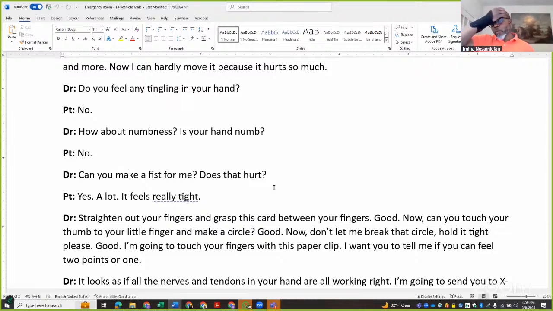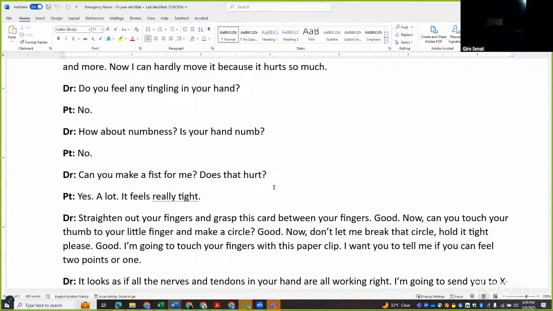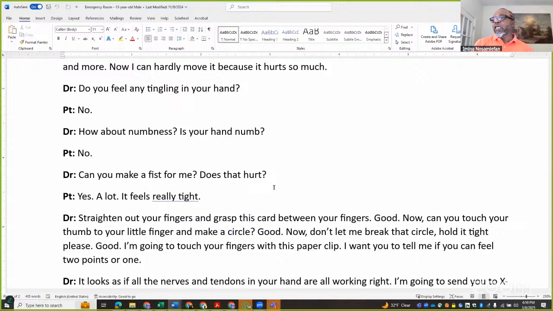Even though it's long, the interpreter has to say it, and the patient has to make the movement, and the doctor would then say, "Good." It can't really flow like that. Again. Straighten out your fingers and grasp this card between your fingers.